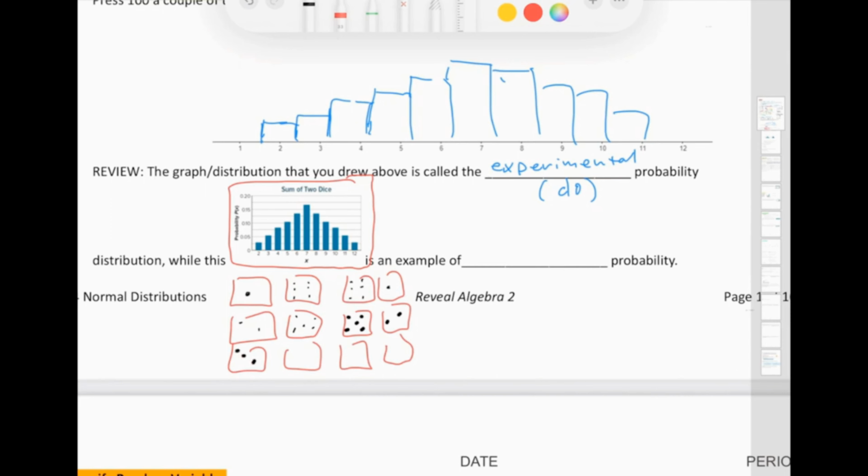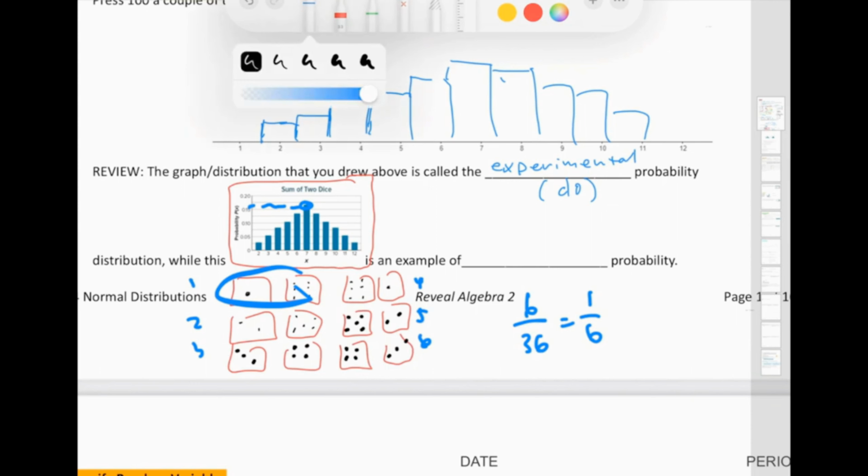You can have 3 and 4, or 4 and 3. So that would be 1, 2, 3, 4, 5, 6. And there are 36 outcomes, so you get 1 in 6, which is like 17%. This one is called our theoretical probability. It should have come up 16% of the time.